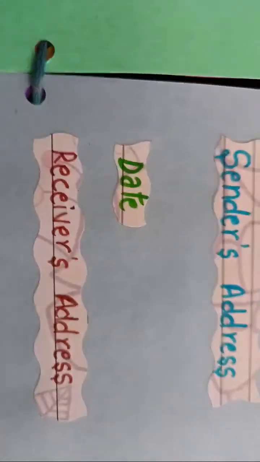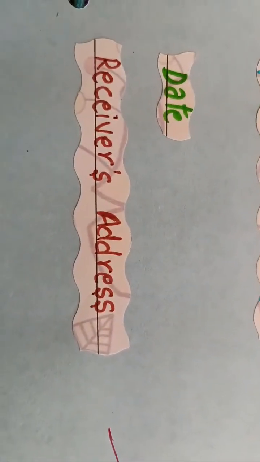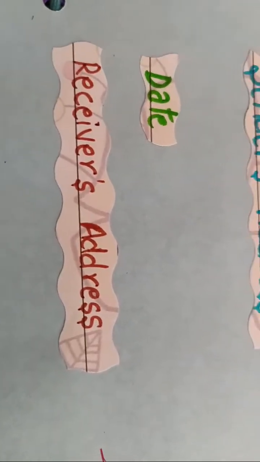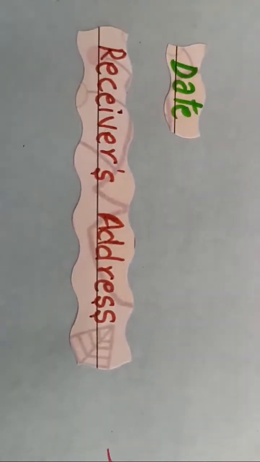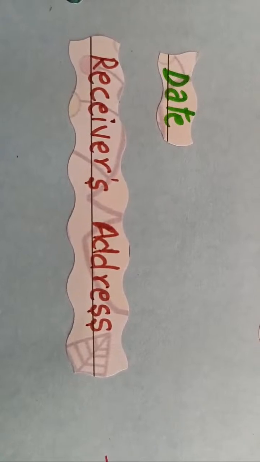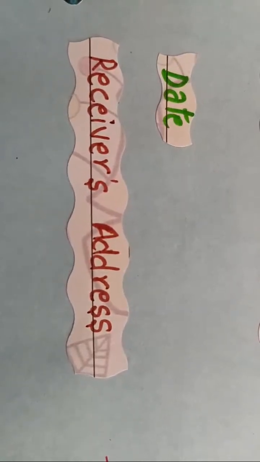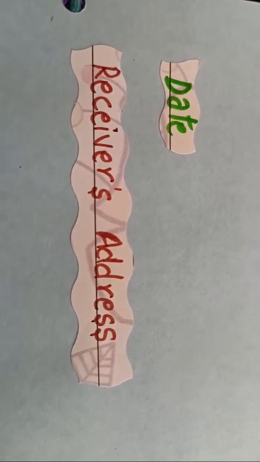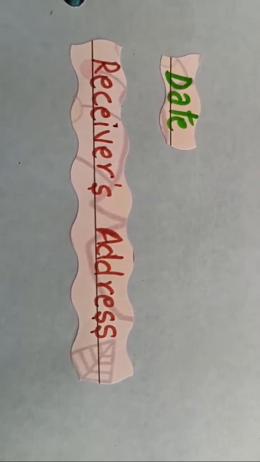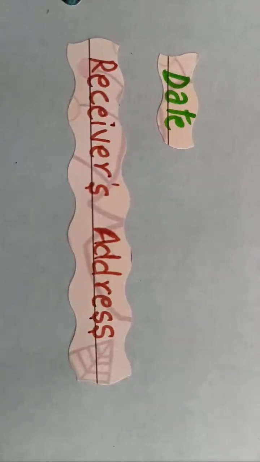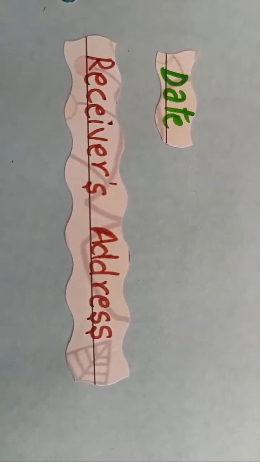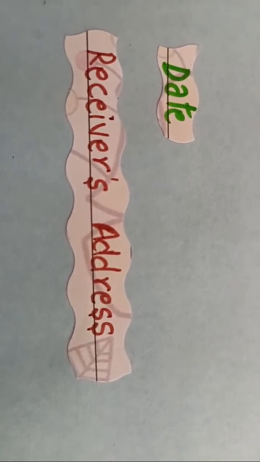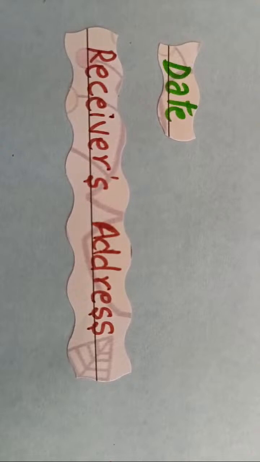After the date, comes the receiver's address. In the receiver's address, you mention the name or address of the person who is going to receive this letter. For example, if you are writing a letter to the police office, then here you mention the address of the station. If you are writing to the municipal committee, then you write the address of the municipal committee here.